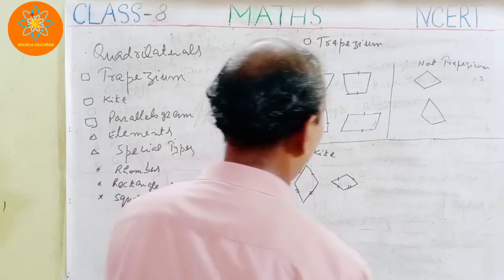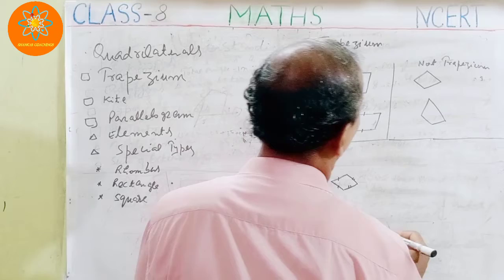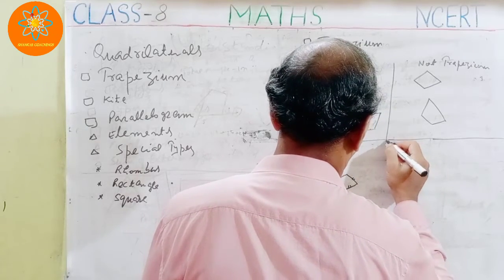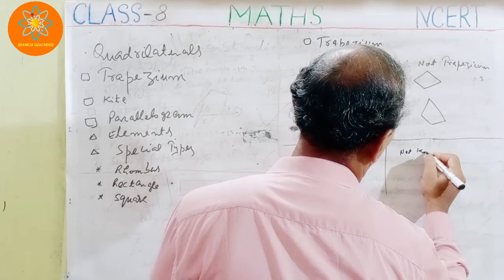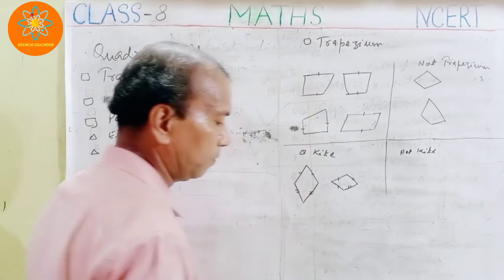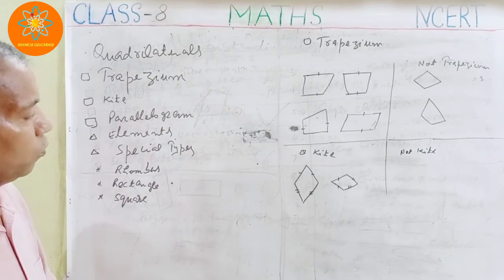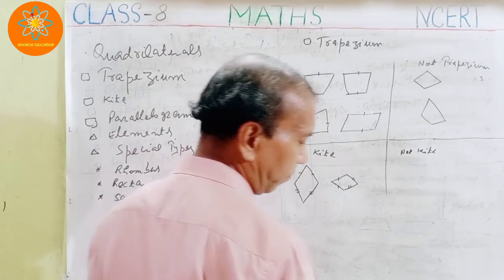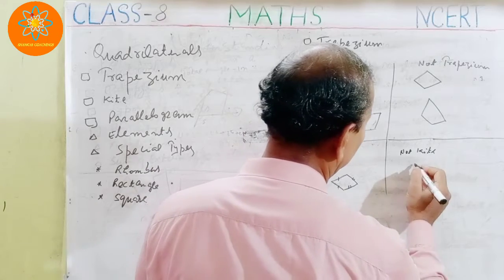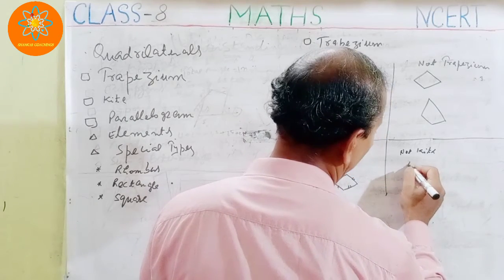And not a kite. In the not-kite portion, no pair of sides is equal. For example, let's suppose I am taking this one.